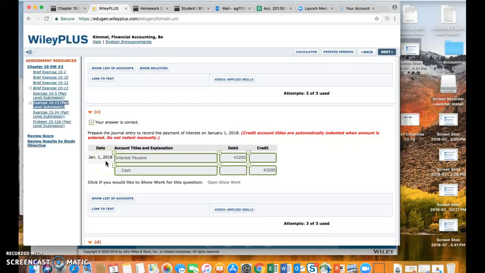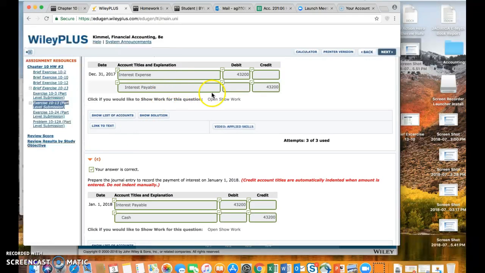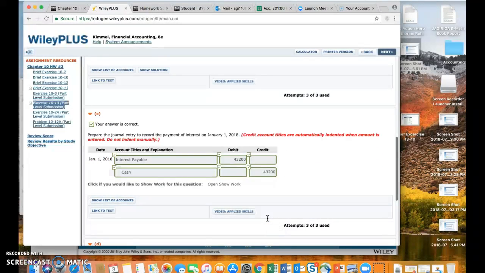We're going to use the same figure we got over here, and we kind of switch them up. So we'll debit our interest payable 43,200 and we'll credit our cash 43,200.